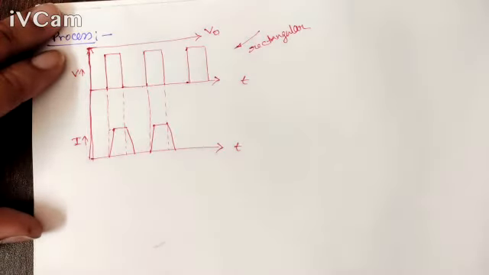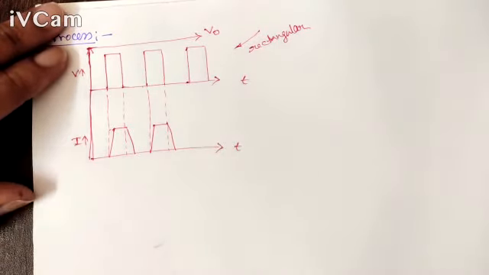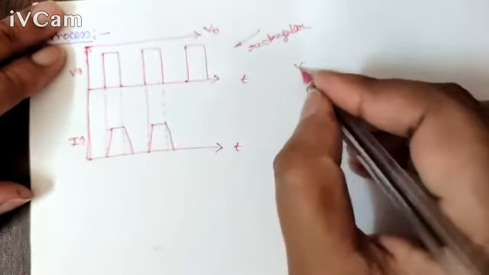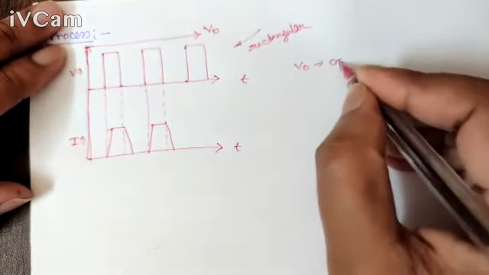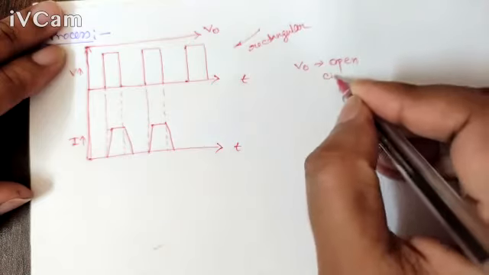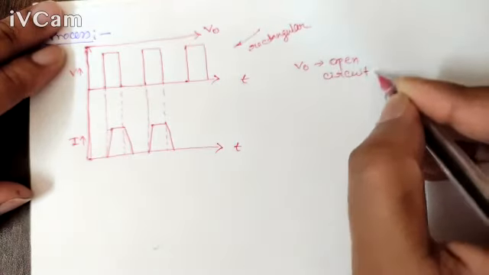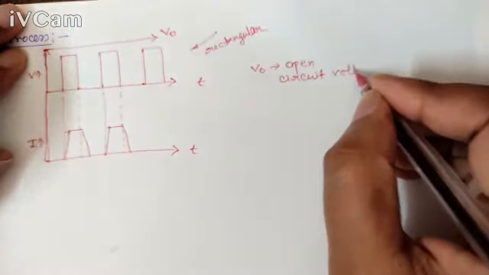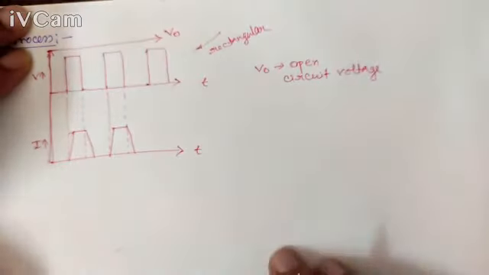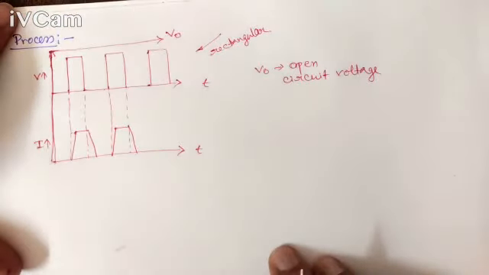We are supplying some voltage, which is also known as open circuit voltage. So what is VO? VO is open circuit voltage.